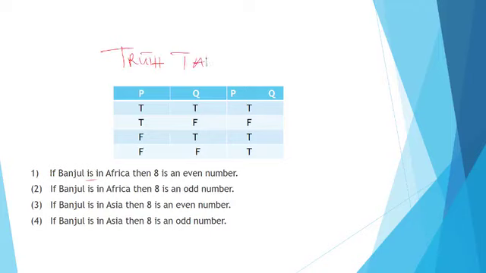This is the truth table of how to represent some sentences. If Banjul is in Africa, then 8 is an even number. This is a conditional statement because we have if and we have then.